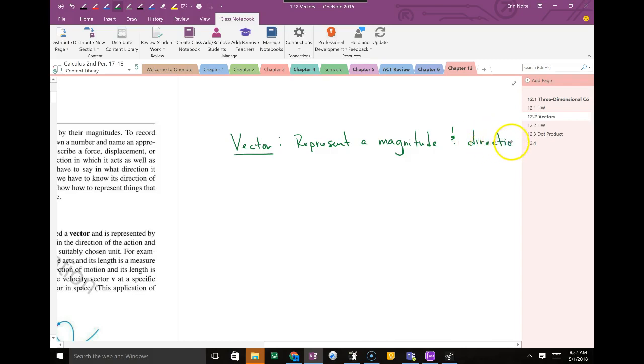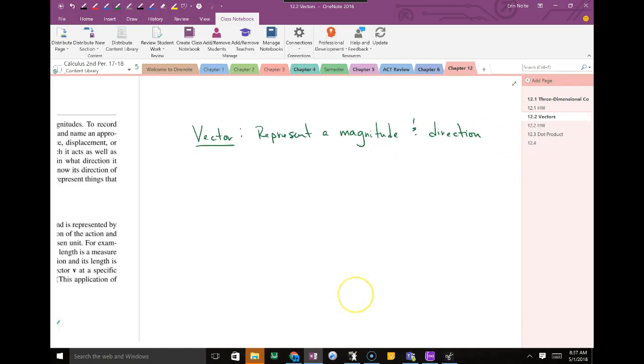So the best way for me to really explain what that means is that a vector is used to represent a force. Okay, so if my pen was going to represent a force, it would have a direction. Okay, so it would be potentially pushing in this direction, and then the magnitude is represented with a length.